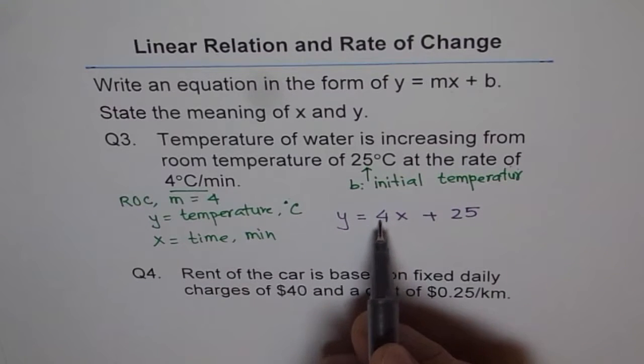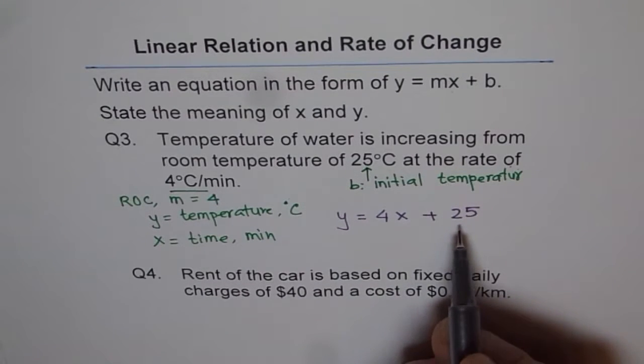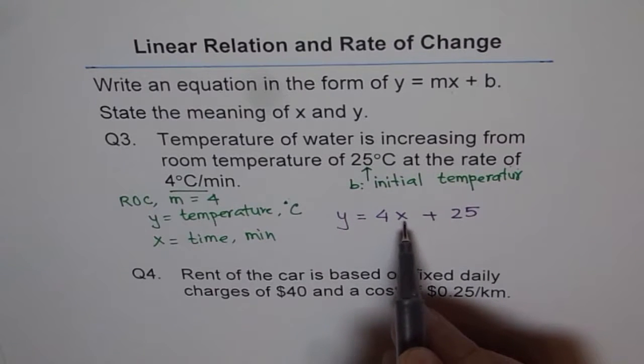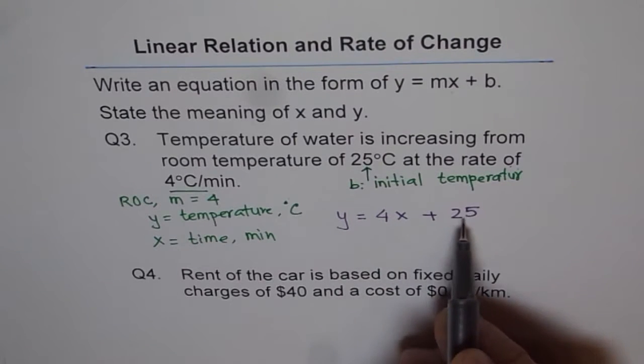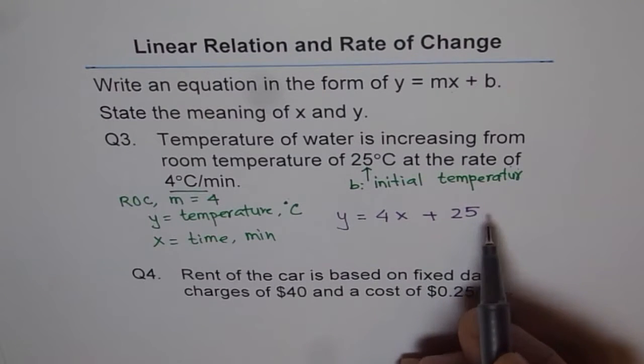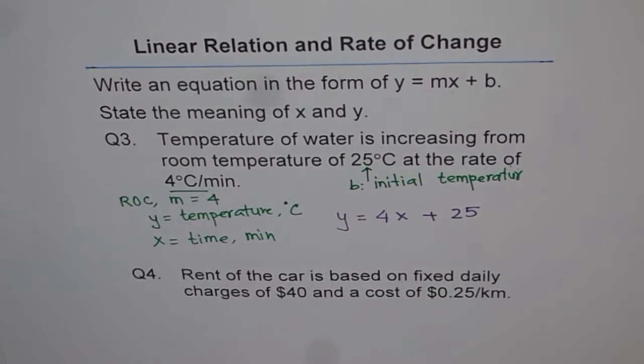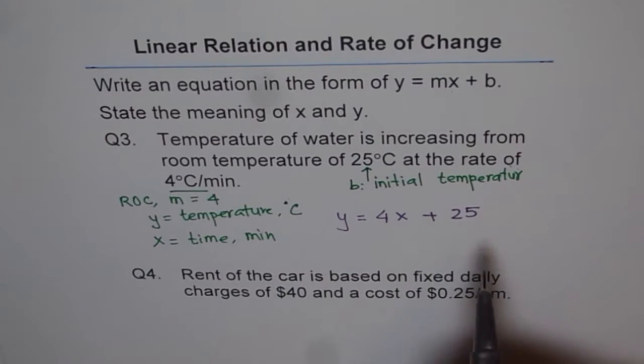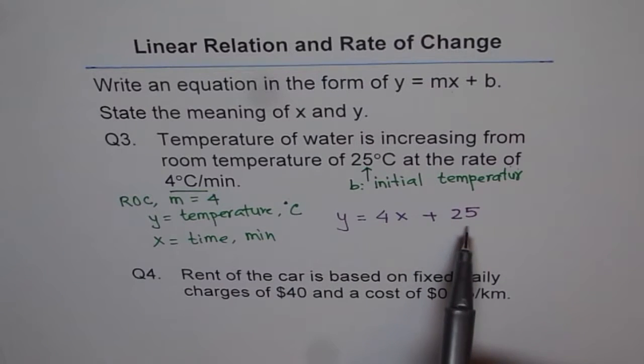Do you understand? So if you have started heating the water now, it is x equals 0, 25 degrees. Next minute it will be 25 plus 4, and the next minute 25 plus 4 plus 4. So every minute it goes up by 4 degrees Celsius. So that is how we understand this and represent the situation.